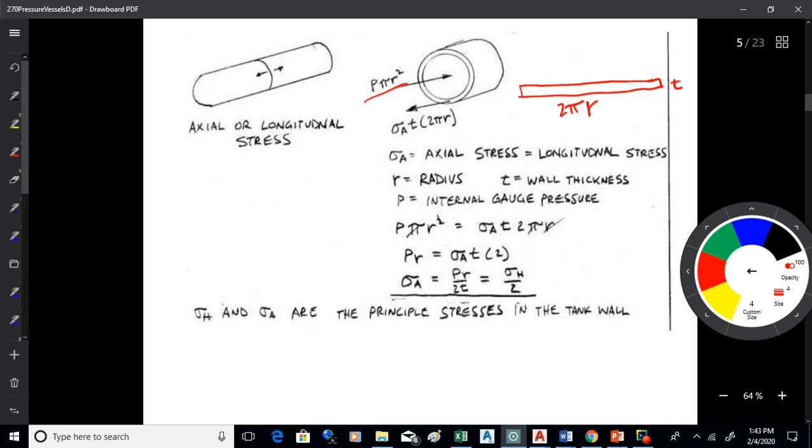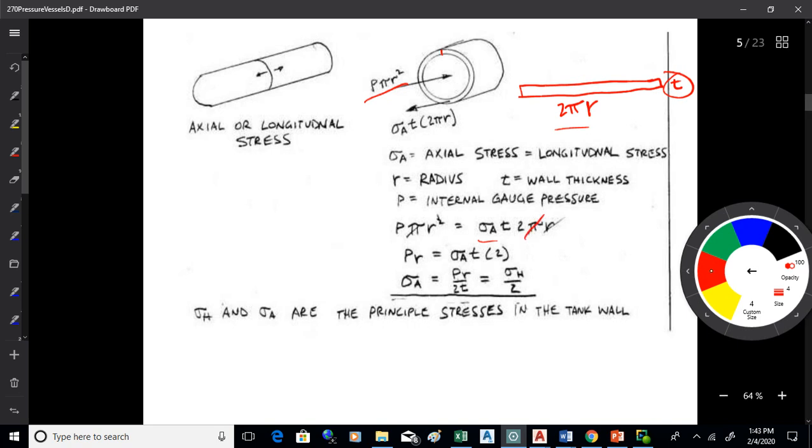Okay, so if you cut that tank and roll it out flat, you get a long, thin rectangle. The length is 2 pi r, and the wall thickness is T, so the area is 2 pi r times T. You multiply that by the internal stress, sigma A, the axial stress. So you get P pi r squared is equal to sigma T 2 pi r.